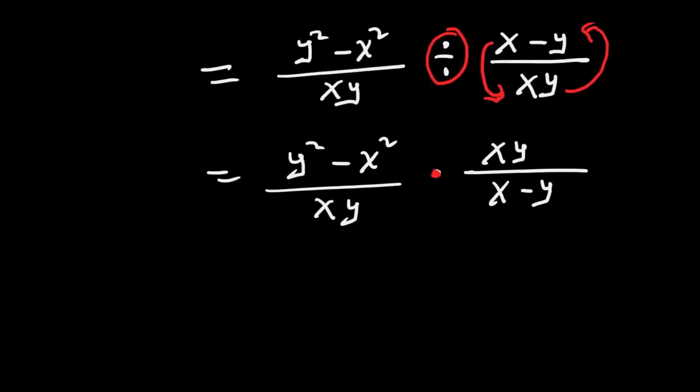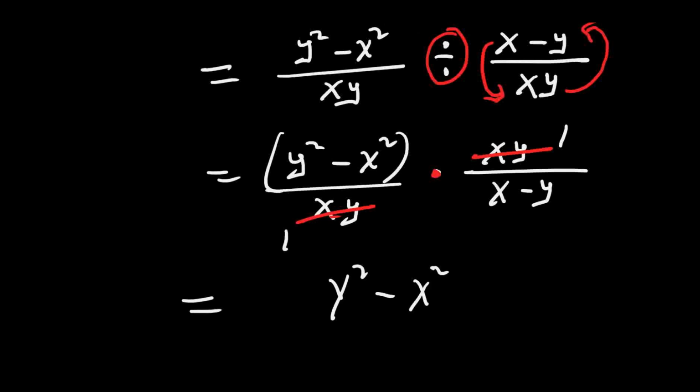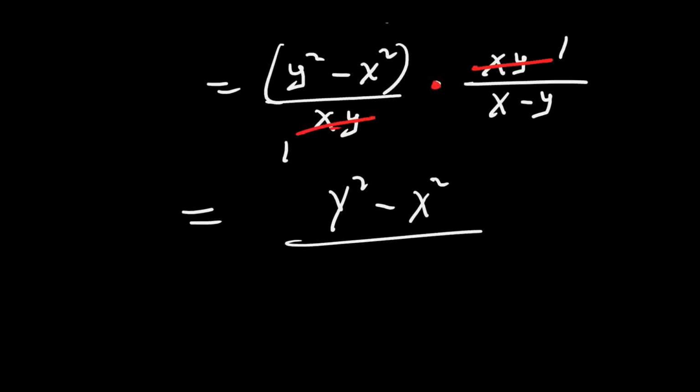All right, so now this xy can simply cancel this xy from here, so this will give you 1 and this will give you 1. So y squared, if we put this in parentheses, this times 1 will give us y squared minus x squared over x minus y times 1 will also give you x minus y.